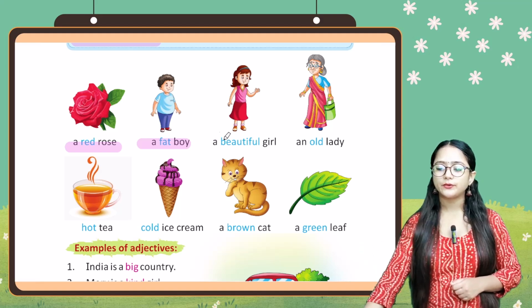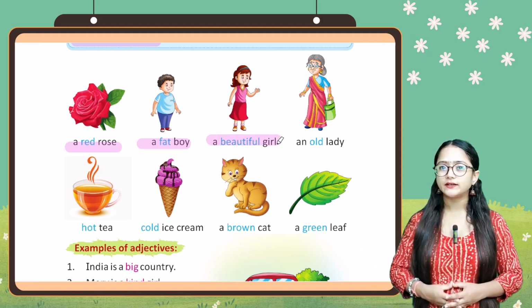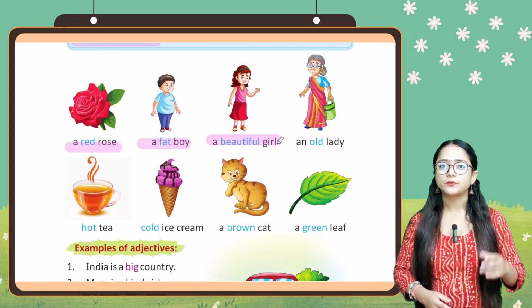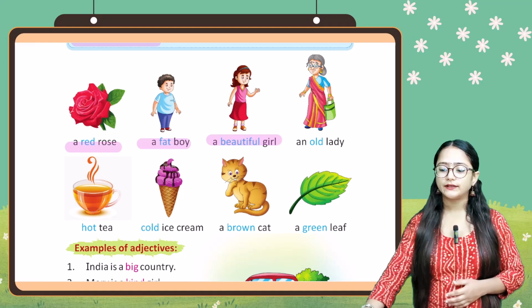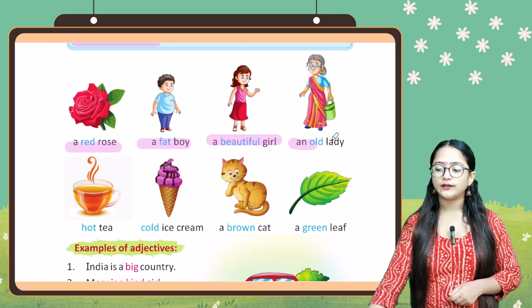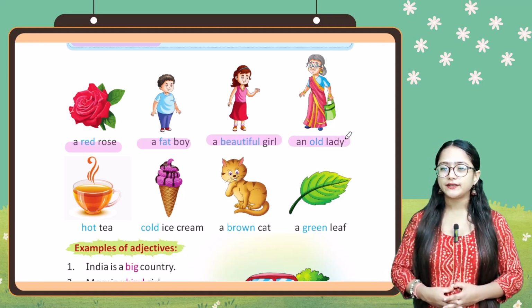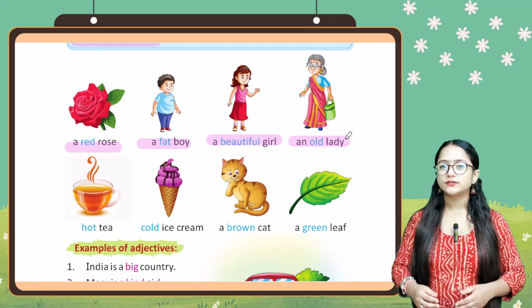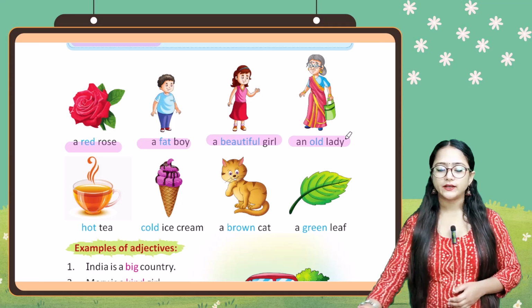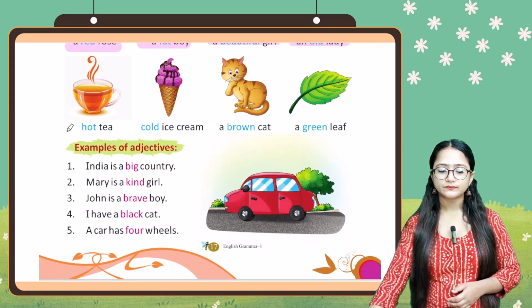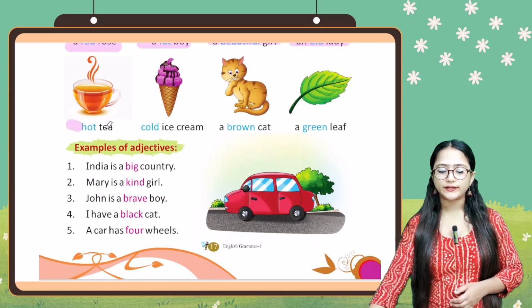Next one is a beautiful girl. How is that girl? She is beautiful. So beautiful is the describing word and girl is the naming word. Next one is an old lady. How is that lady? She is old. So old is the describing word or adjective and lady is the naming word. Next is hot tea.